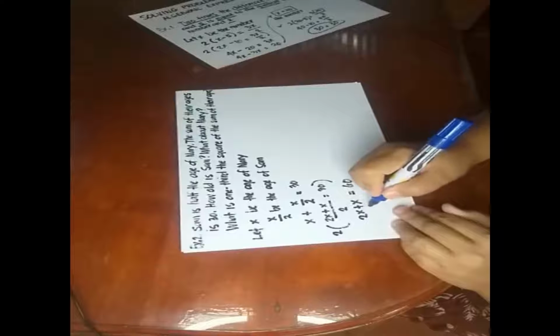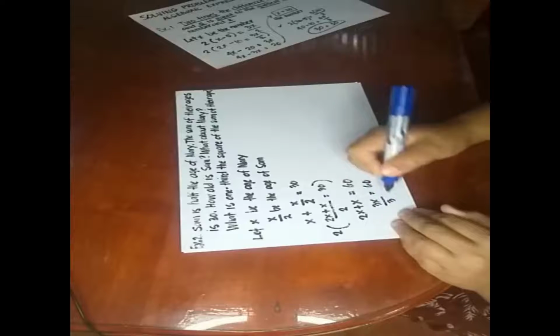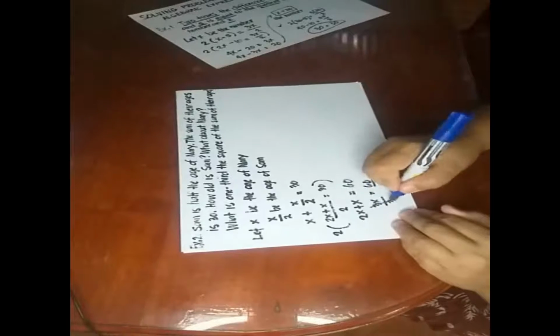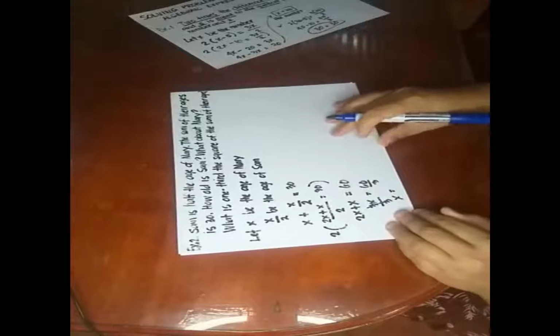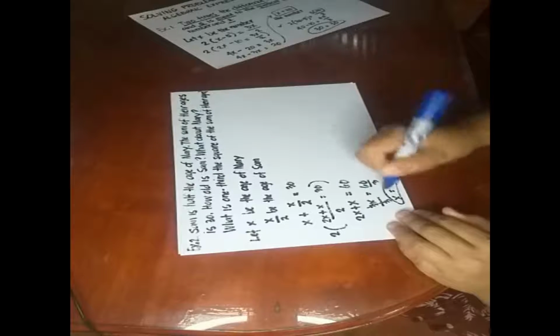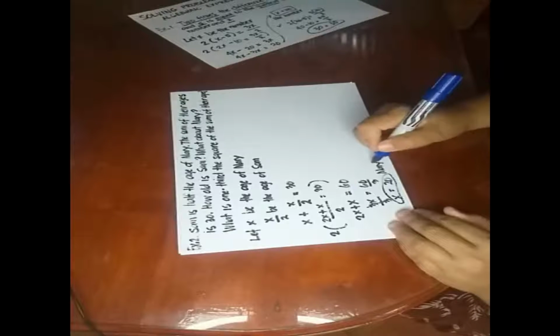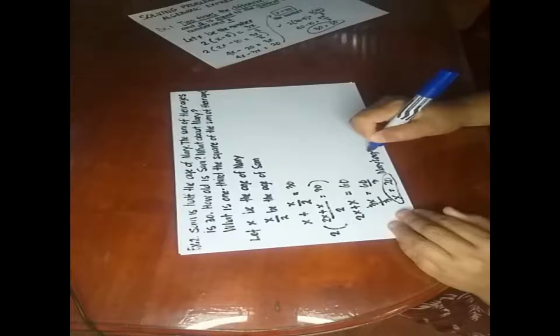So 2x plus x is 3x equals 60. To remove the 3, divide both sides by 3. x equals 20. So 20 is Mary's age.